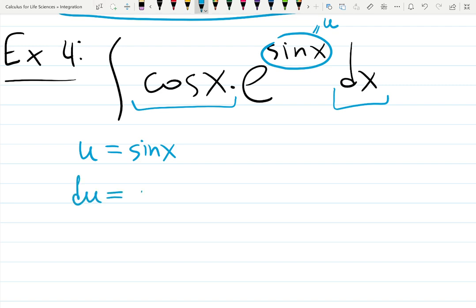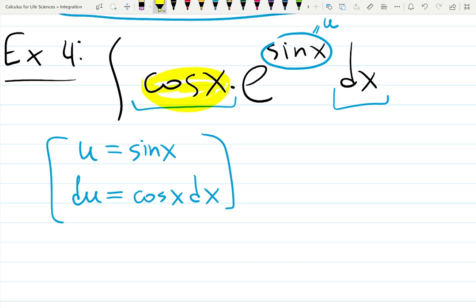Du, derivative of sine, is cosine x dx, and this is my table. Either you solve for dx and plug in and cancel it with cosine, or it is better to see that this piece is a perfect du. Du is here.